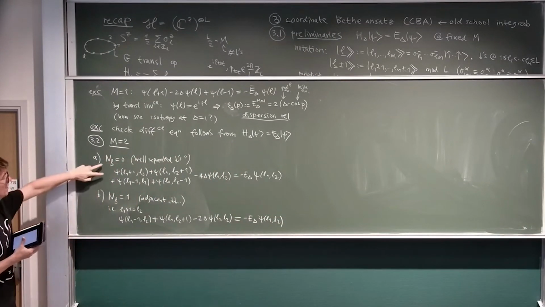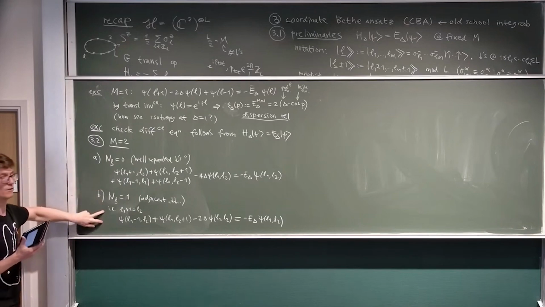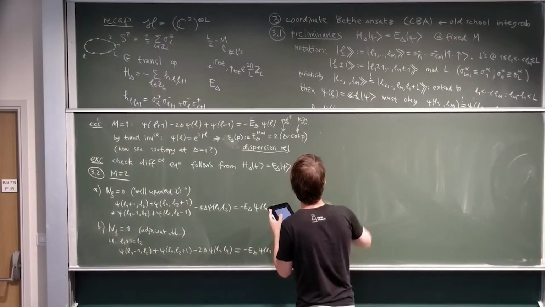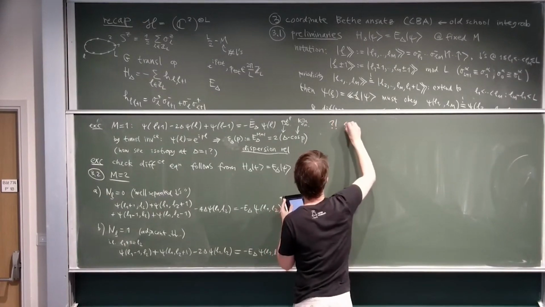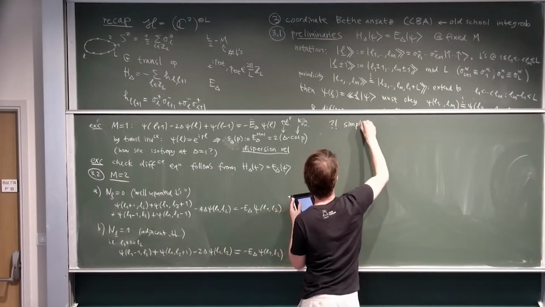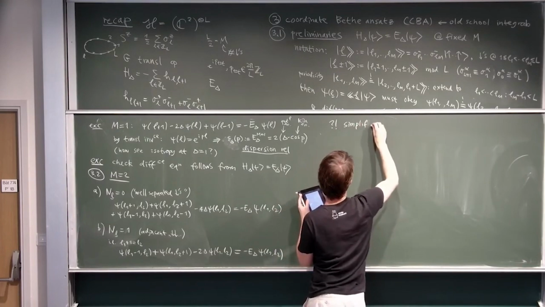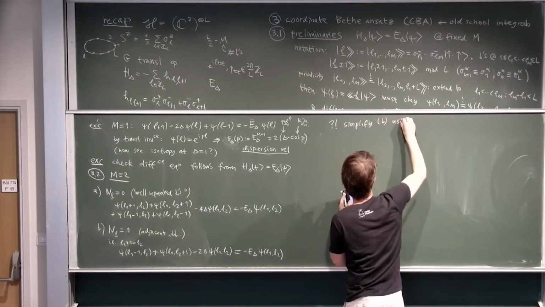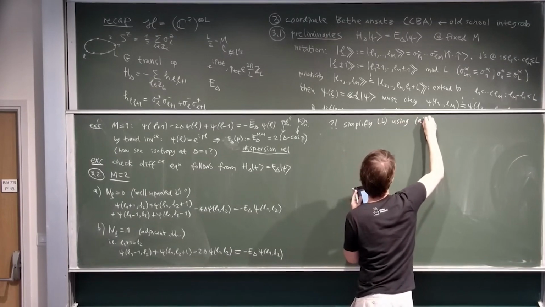Of course we notice that these two equations look very similar. So what we would like to do is simplify. Could we simplify equation B using equation A, or the other way around?